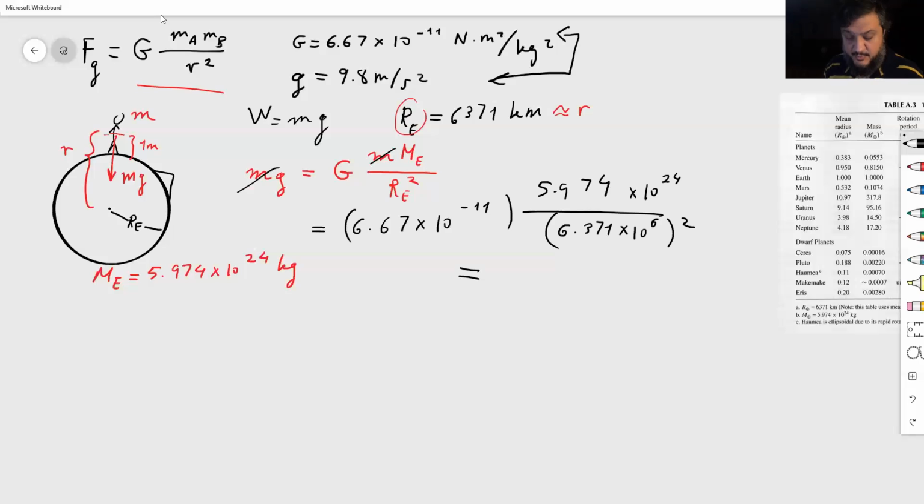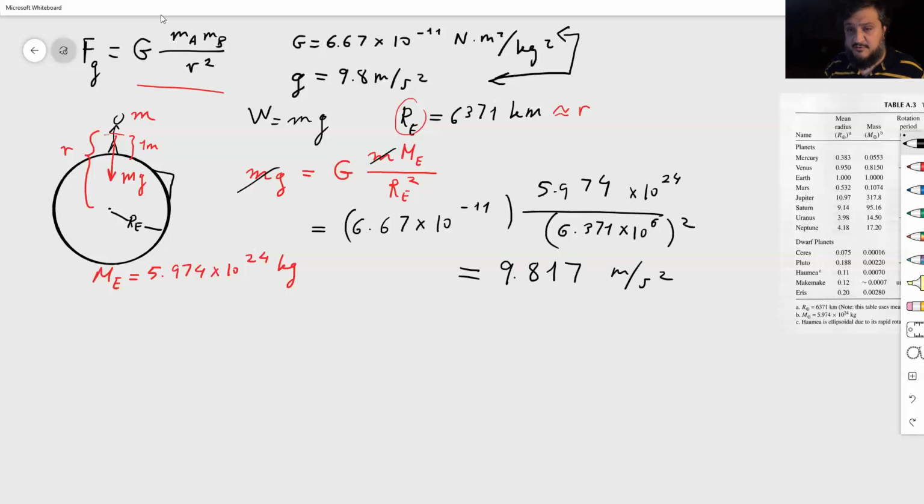Yeah, 9.816933334. 9.81.7, let's say. Really close, right? So that's how you calculate the little g, the acceleration due to gravity.